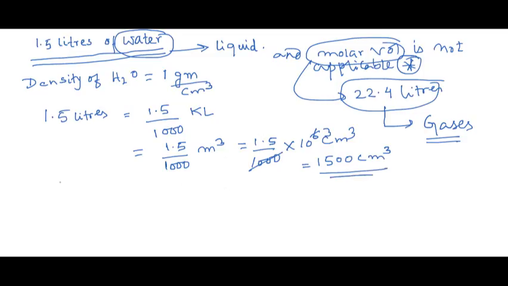And we know the density of water as 1 gram per centimeter cube. So we know a formula: mass is equal to volume into density. What is the volume? 1500. What is the density? 1.